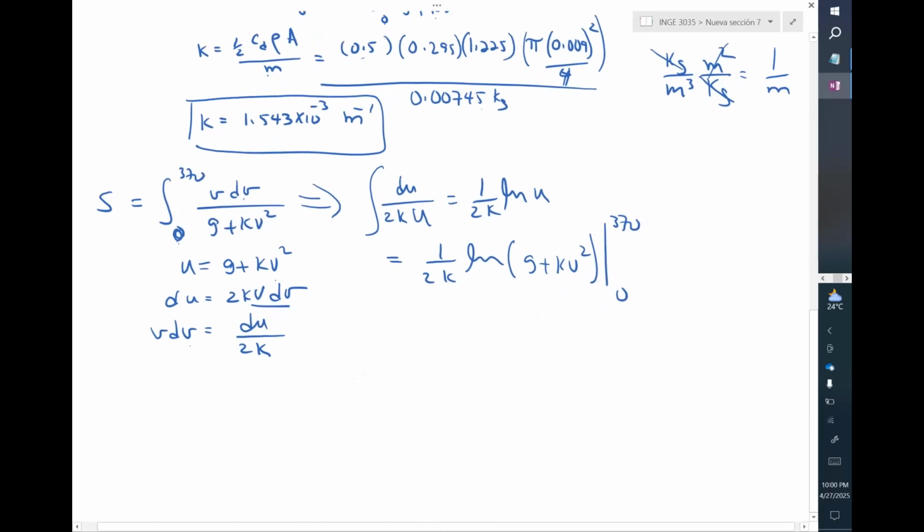If I do that, s equals 1 over 2k, I can take that outside, log of g, 9.81 plus k. I don't know, k is a huge number here. I'm kind of debating whether I'm going to write all that, but I have to, plus 1.543 times 10 to the minus 3 times 370 squared, close that parenthesis, minus the value when v is 0.